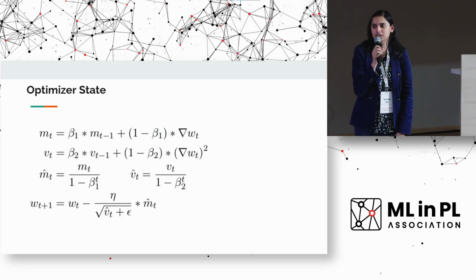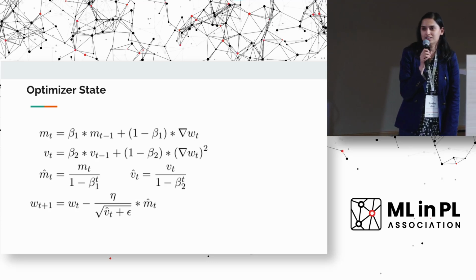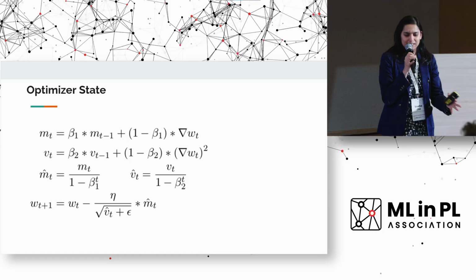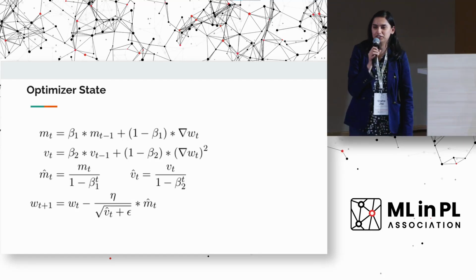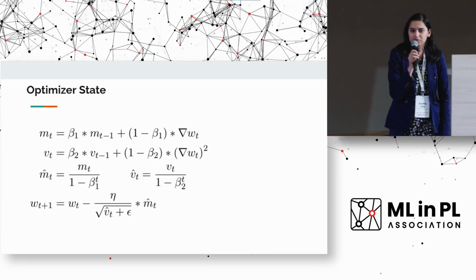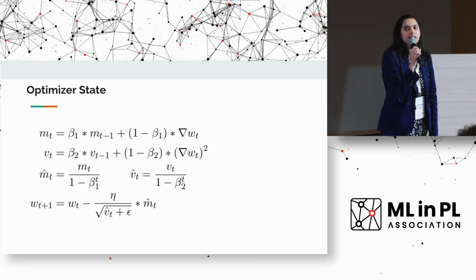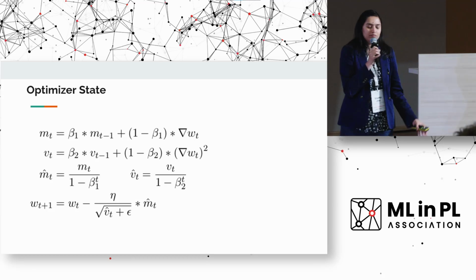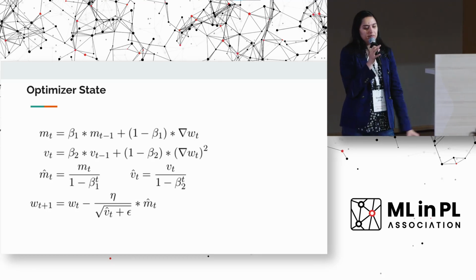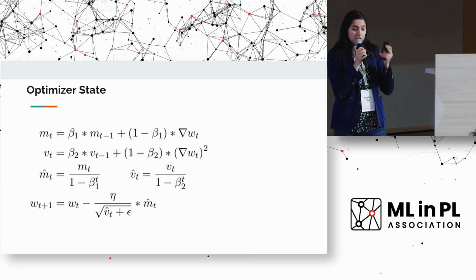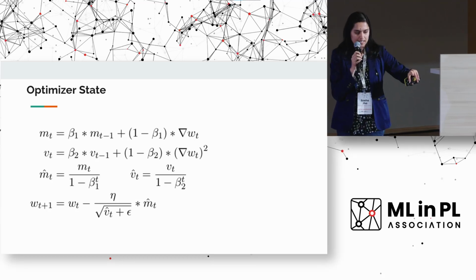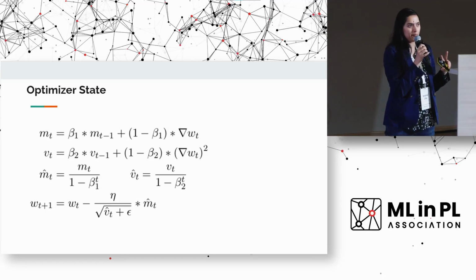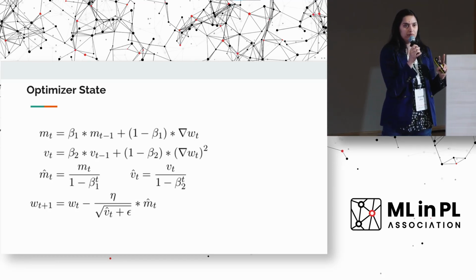Anyone recognize what this is? I'm pretty certain all of you have used it. This is the magical Adam optimizer. Works beautifully, but is horrendously memory inefficient. Don't worry about what's going on here. The thing to notice is that there are two things that it needs to keep track of, the MT and the VT, that's the momentum.